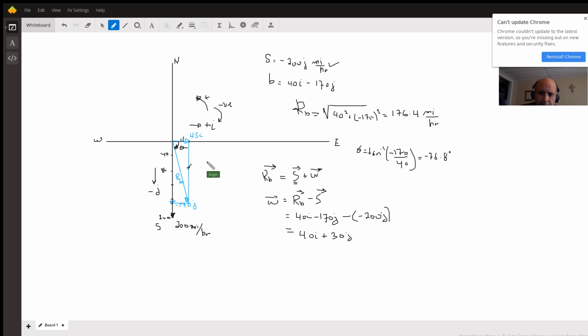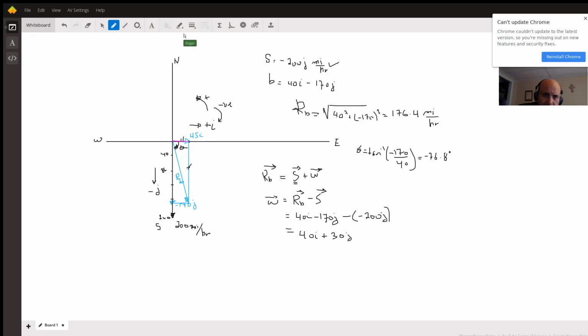Let's sketch them here. So the component of W will be, let me use a different color here, let me use magenta. So it's 40i. So let's draw this. This is 40i.